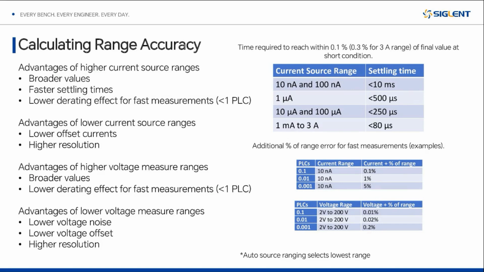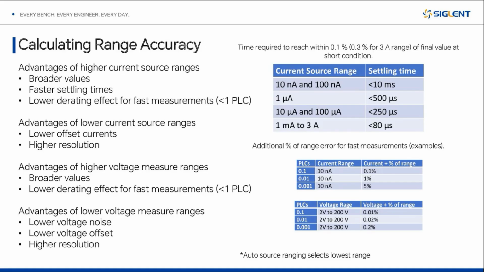You can move easily without changing ranges to higher current levels or higher voltage levels. This typically also implies faster settling times, because they're at higher values with higher offsets. Also, you might find faster measurements work better at higher ranges. They have a lower derating effect for fast measurements in terms of speed and accuracy.